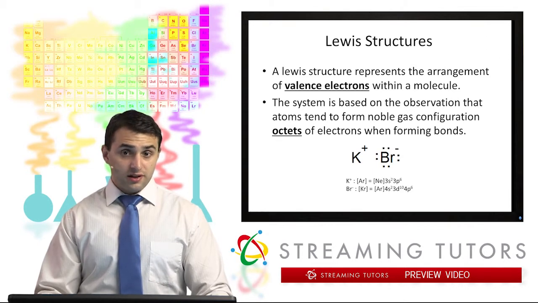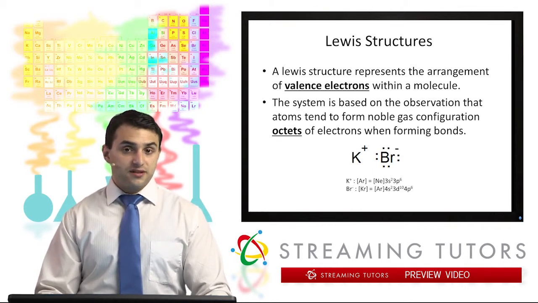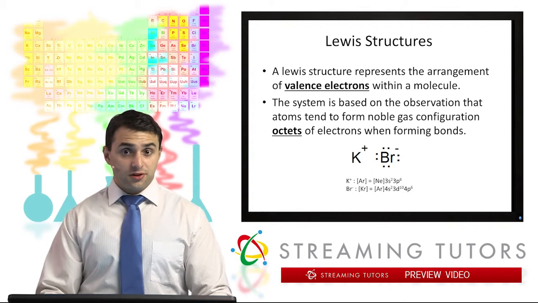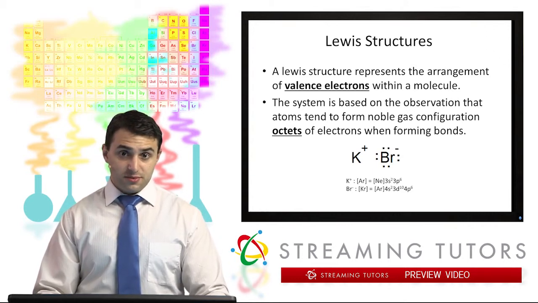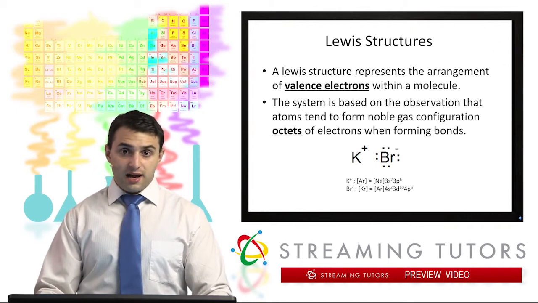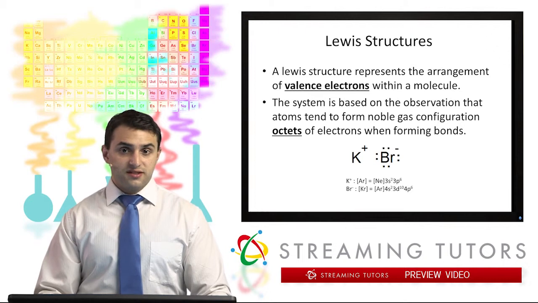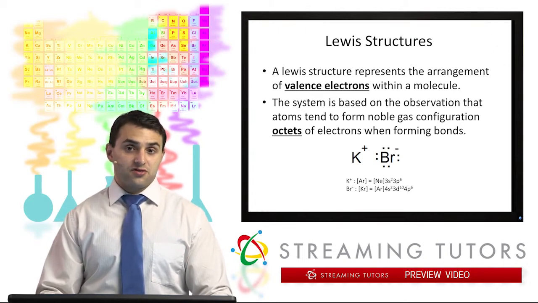If we look at an ionic compound like KBr, there's going to be the formation of a potassium cation and a bromine anion. As we know, in an ionic bond there's a transfer of electrons between the two species. So the Lewis structure will look something like this: K plus with no valence electrons and Br minus with 8 valence electrons.